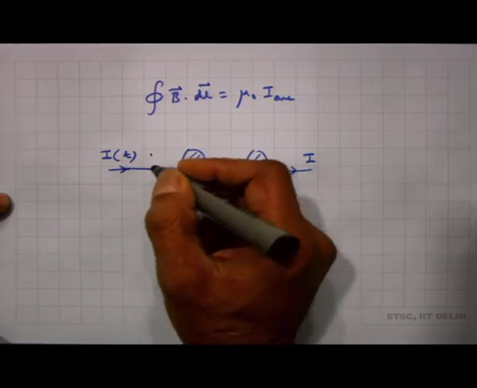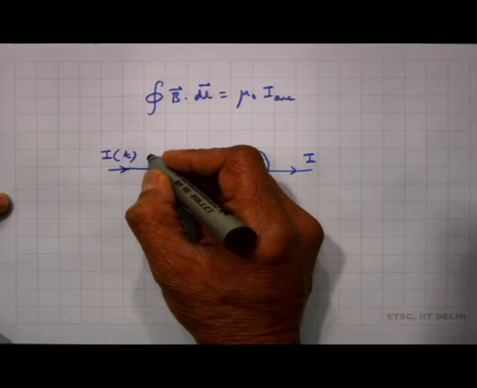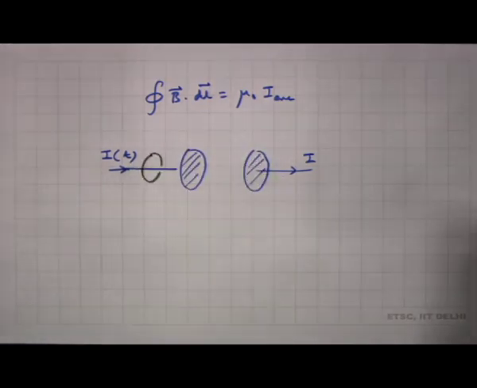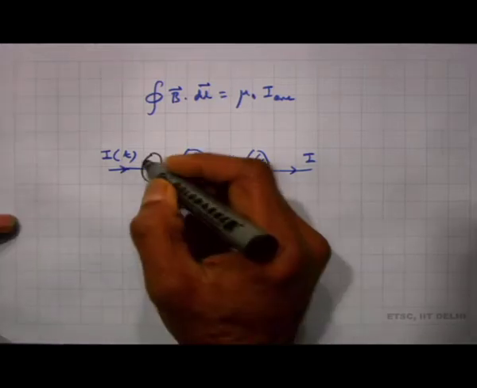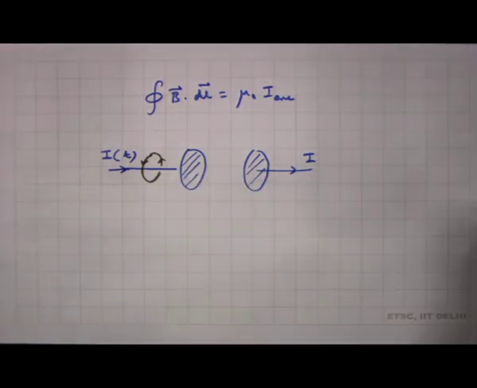So, how do we normally do this? We take a loop of integration, a circular loop around the axis, and calculate the left hand side, which is integral B dot dl.